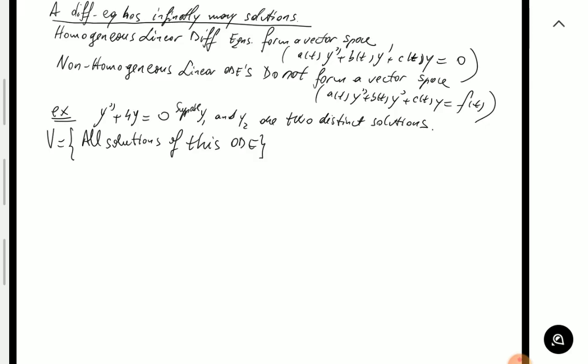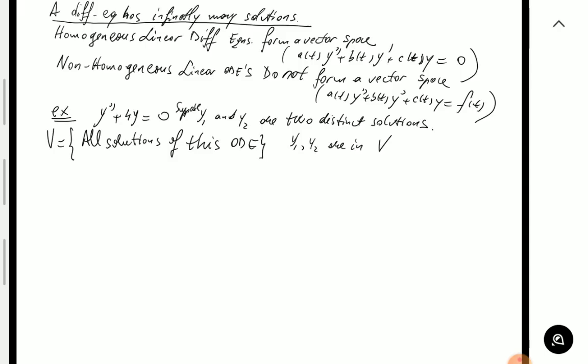All right, so how do we check that this is a vector space, at least the closure part? Let's think of it under the overarching vector space of continuous functions, because as it happens, these solutions are continuous as well. Let's look at the closure in particular. Suppose y1 and y2 are in V, the set of all solutions of this particular differential equation.